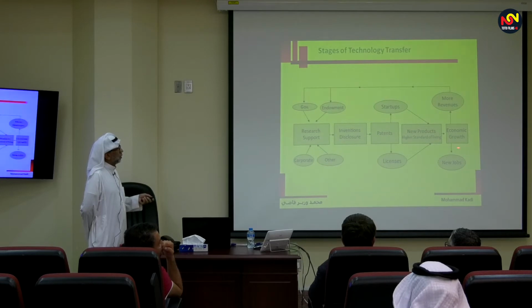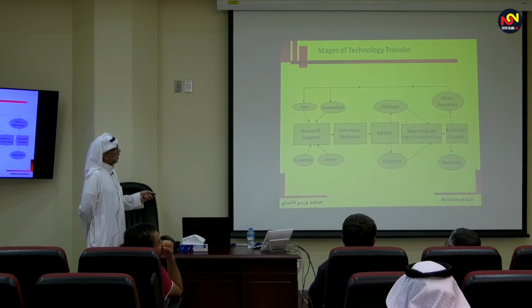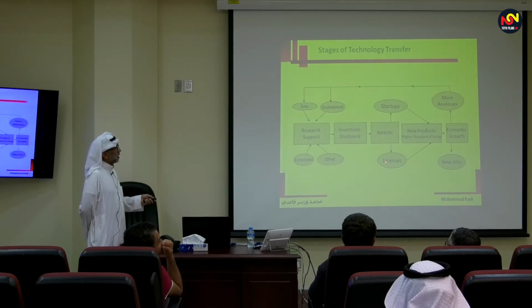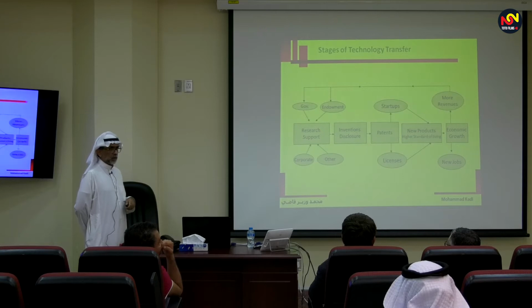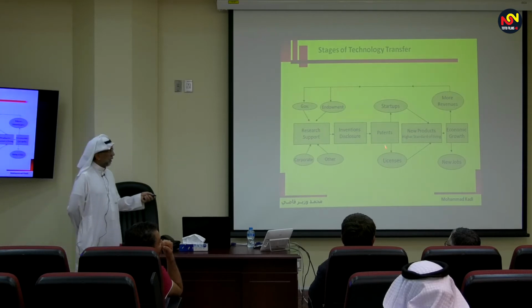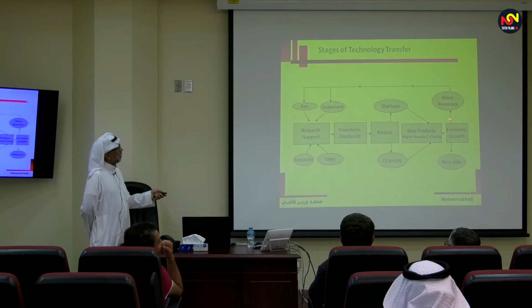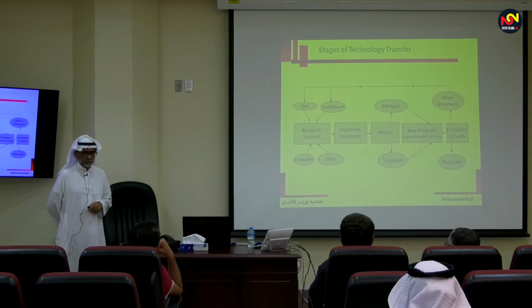This will go to economic growth, will create new jobs, and from the patent we can get licensing, instead of producing the product, by selling the patent itself, and the revenue will go back to the cycle. Okay?